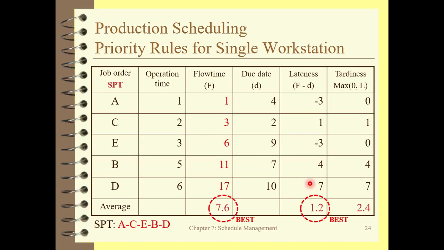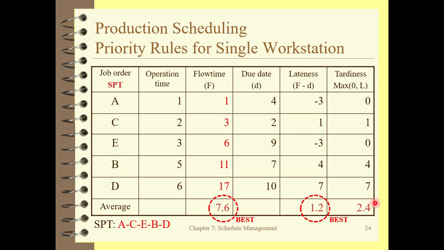You get this column, and then for tardiness you got minus 3 reset to 0, 1, 1, 0, 4, 4, 7, 7, and then find the average flow time, average lateness, and average tardiness.